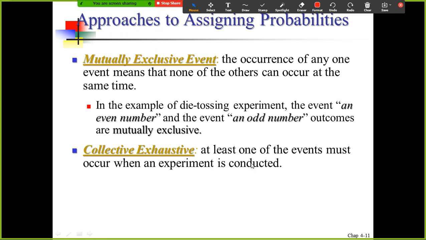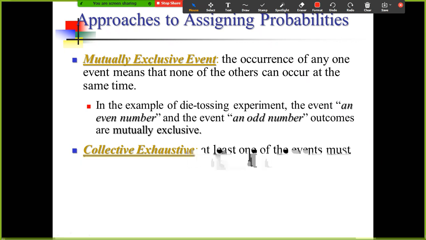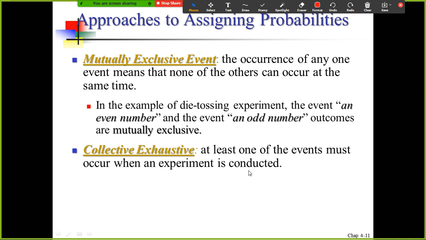We call this collective because we collect all outcomes together. When we conduct one experiment, at least one outcome comes. There is no zero outcome.